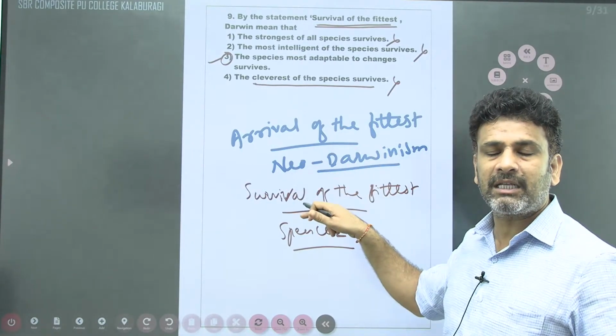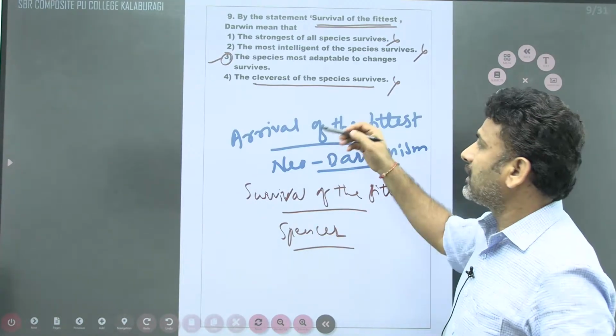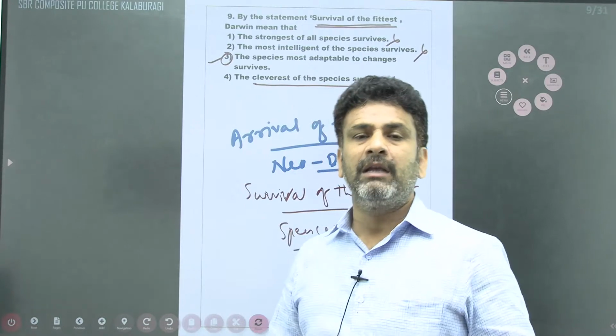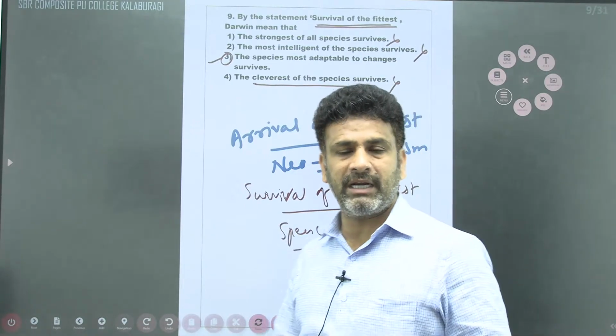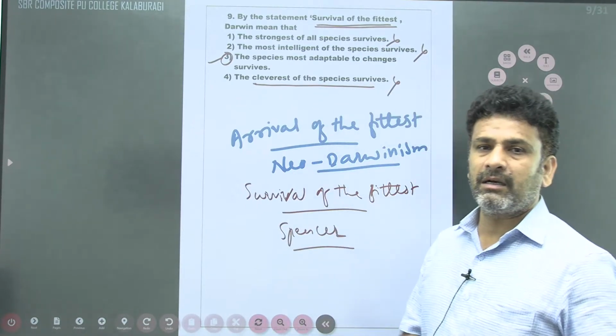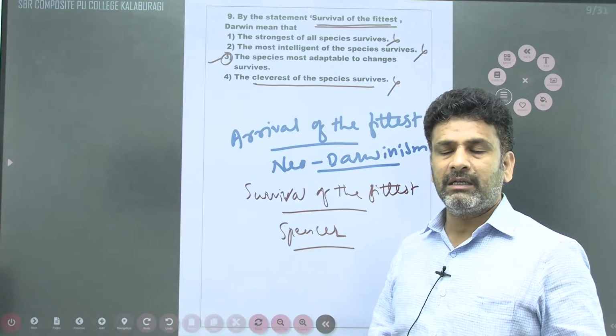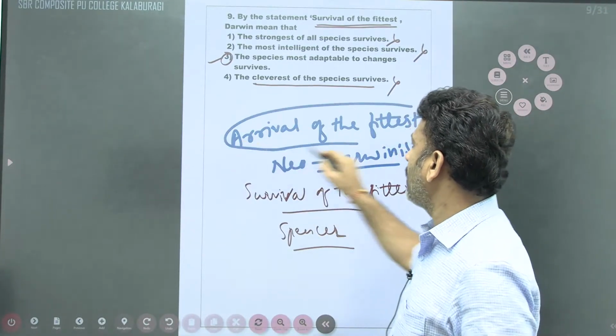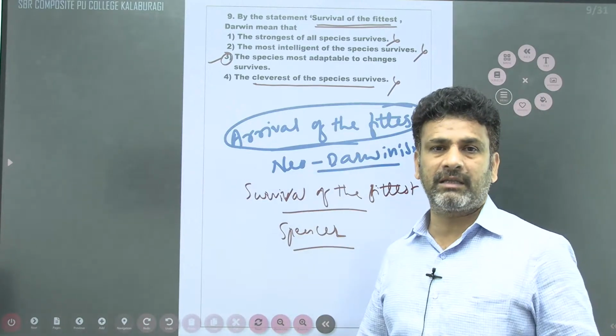According to this synthetic theory of organic evolution, survival of the fittest does not play the vital role in inducing variation or the surviving capacity of an individual. This is because arrival of the fittest is the main character.